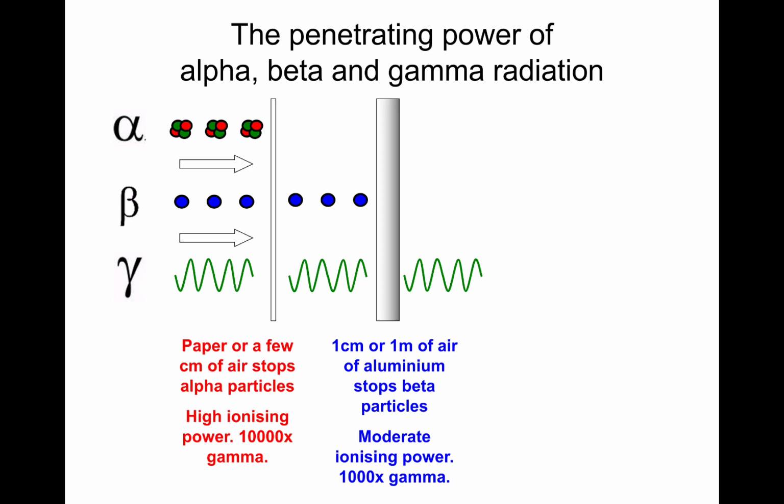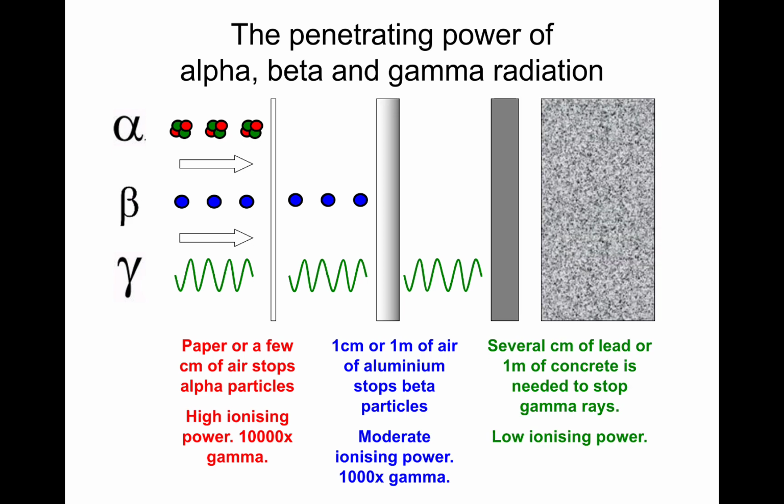So next, 1 centimeter of aluminium or 1 meter of air is enough to stop beta particles. Sorry, that's not written properly. Beta particles, which are high-speed electrons, have moderate ionizing power, and they're approximately 1,000 times more ionizing than gamma.